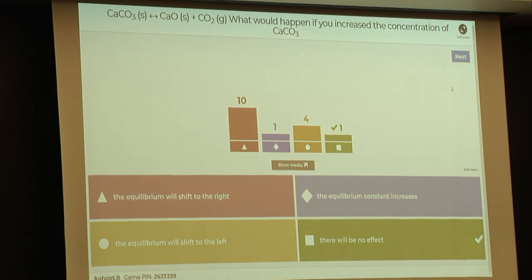I'm tricking you guys. All of these questions are to trick you and what the ACS will be. I want to make sure that you guys are prepared for the exam. So, Le Chatelier's principle, right? Going back to equilibrium, what two phases can be in your equilibrium? Yes, aqueous solutions and gases. Solids and liquids are not included in your equilibrium. So if they're asking a question about a solid in Le Chatelier's principle, it's not going to have an effect on it because it's a solid. All right, next.